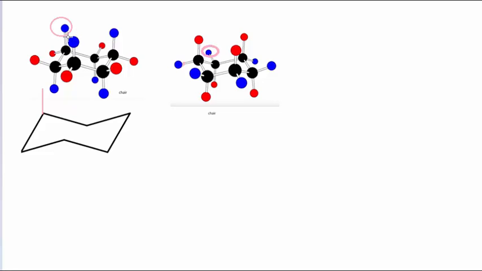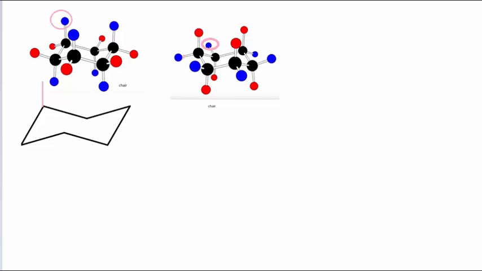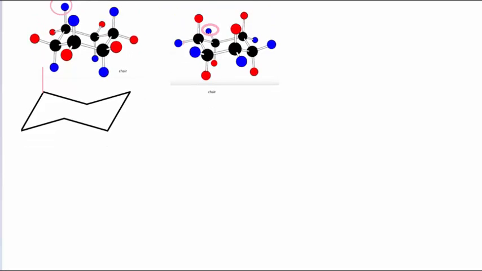Notice that in fact all of the blue axial groups, once the chair has flipped, are now equatorial, and all the red equatorial groups are now axial. So that's another property of chair conformations, is that in general there are two chair conformations, and as the molecule vibrates and moves around in space, it's constantly flipping between these two chair conformations.